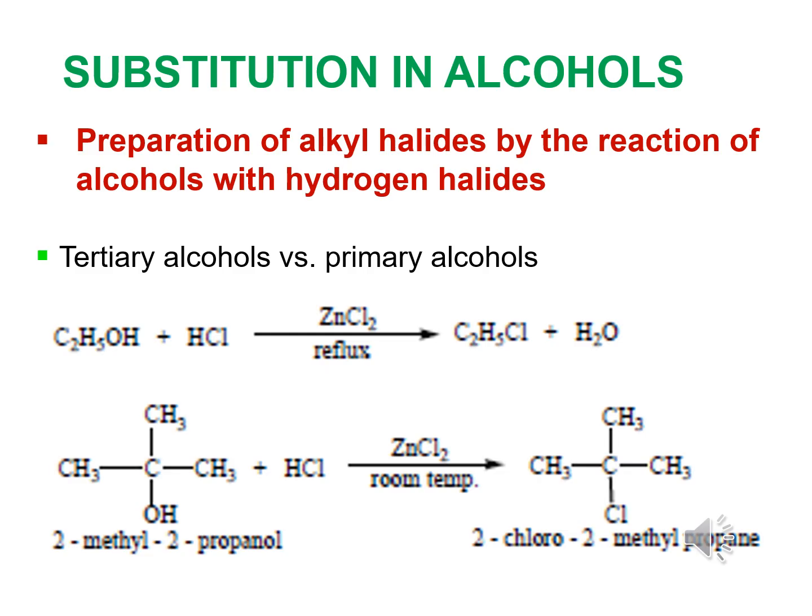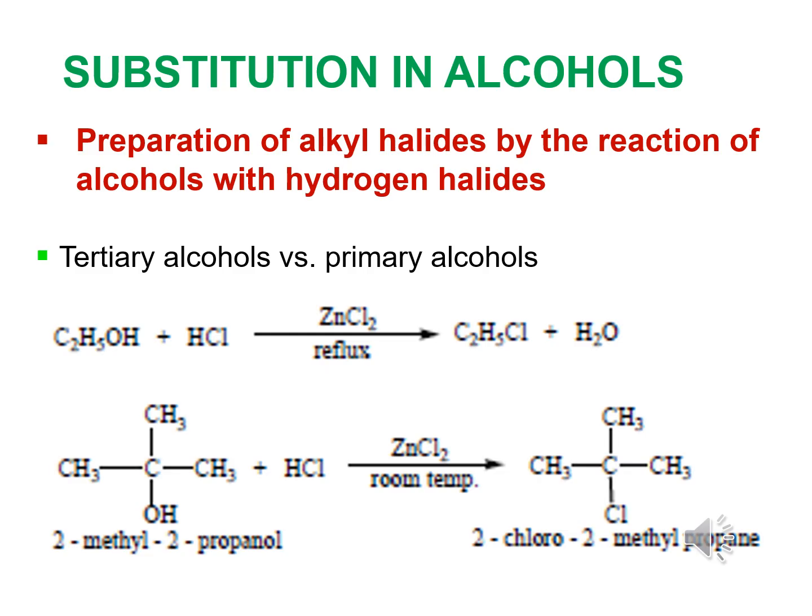Now, this particular method is used to distinguish between classes of alcohol in the lab. When Lucas reagent is added to tertiary alcohol, there is instant reaction. When added to secondary, reaction occurs within 5 minutes.